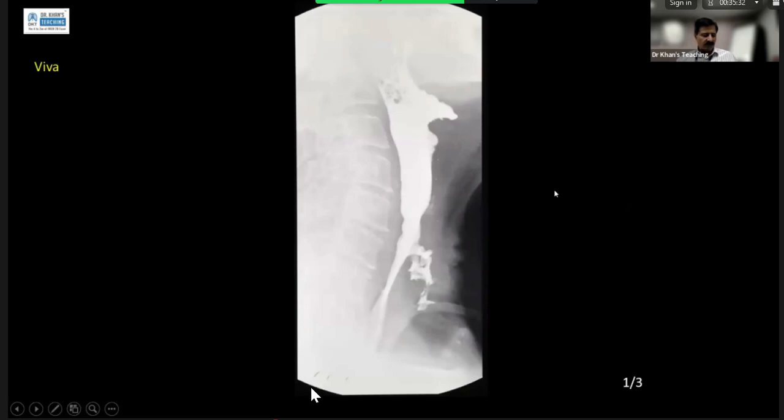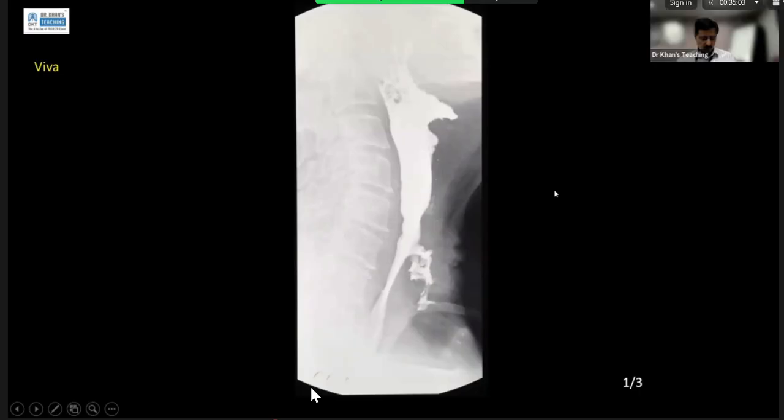So this was a gastrographin. Okay, gastrographin. I can see that there is some contrast going into the larynx at the level of C6. Yeah, and the area appears irregular.